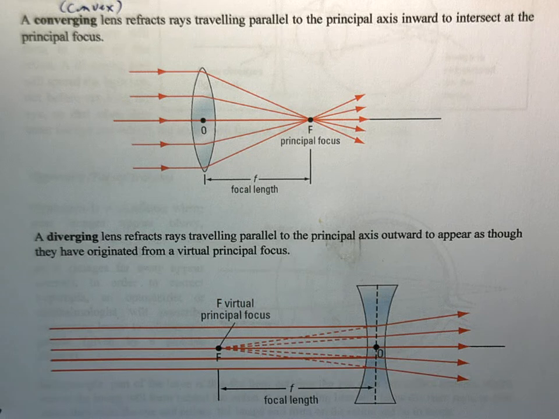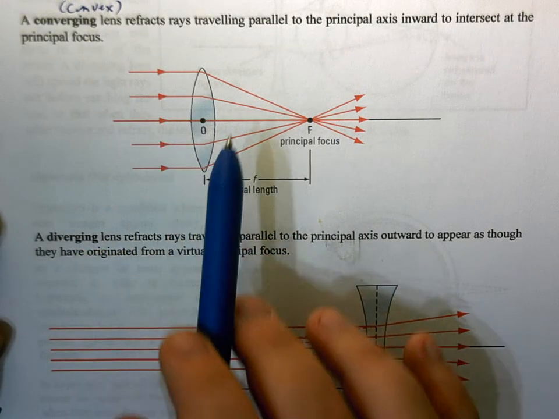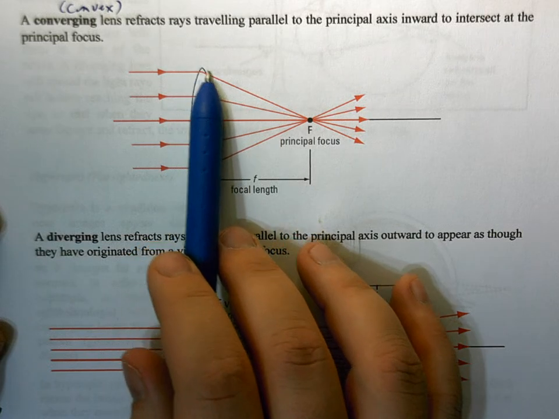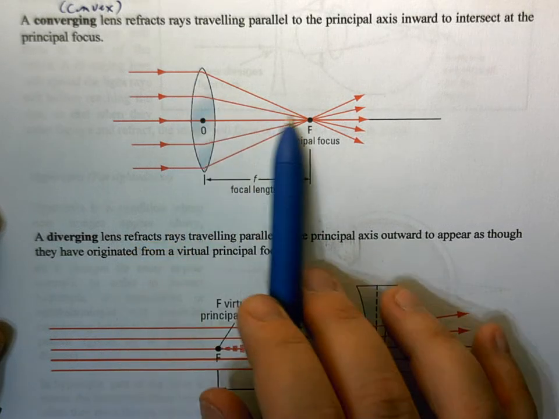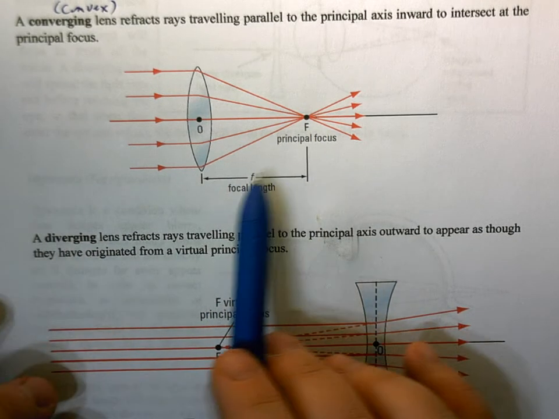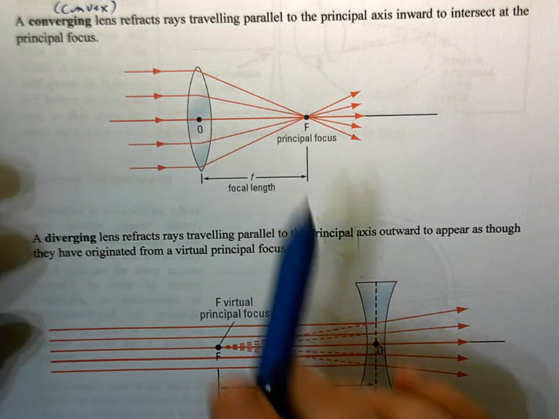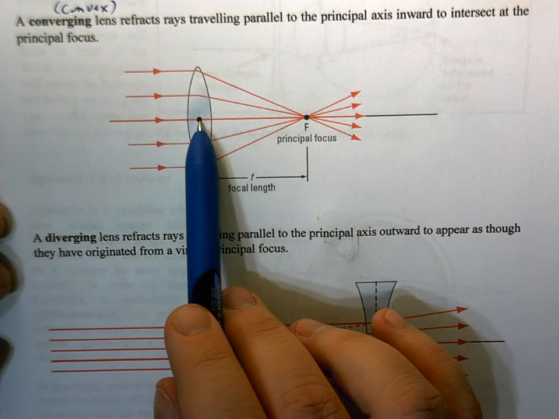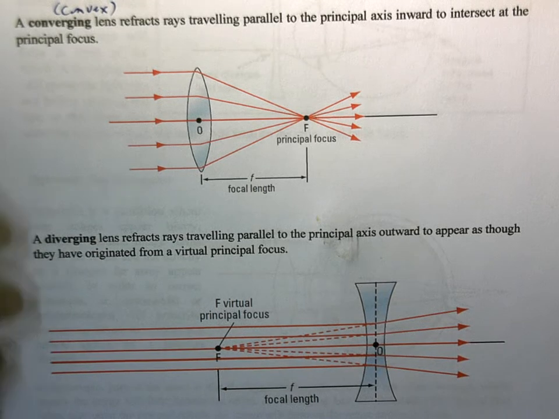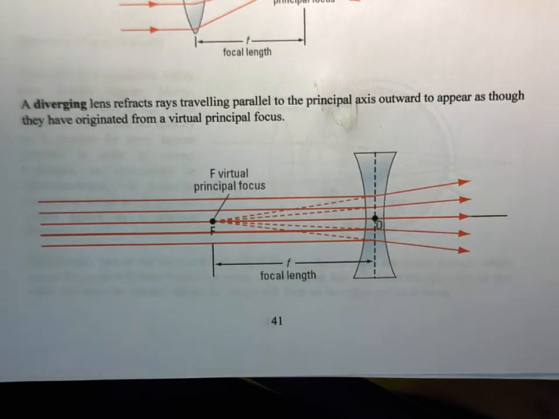In a converging lens, the light rays are going to come in parallel to the lens, and then they are going to refract such that they converge on this focal point. And then, of course, we have our focal length. With lenses, the focal length is the distance between the center of the lens and the focal point.